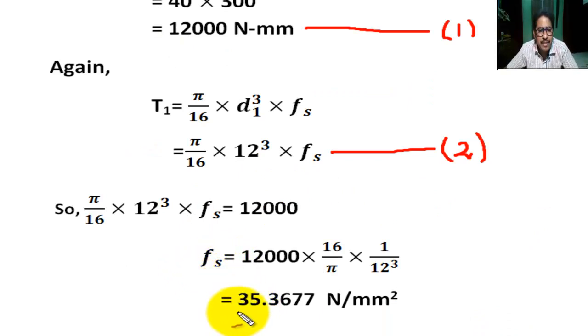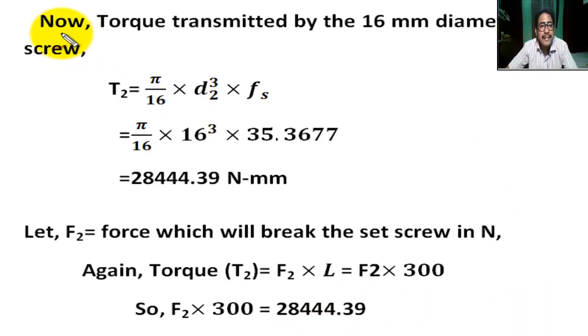By calculation, value of Fs equal to 35.3677 Newton per millimeter square. So, induced shear stress in set screw material is 35.3677 Newton per millimeter square.